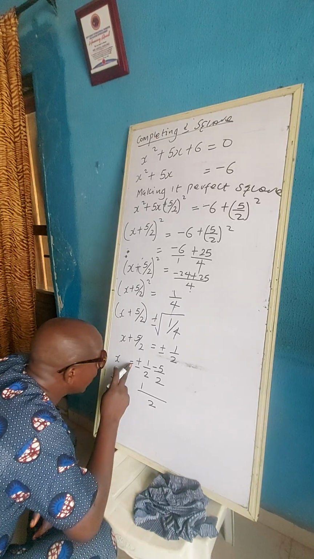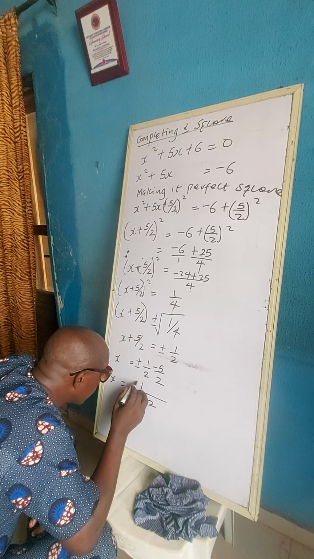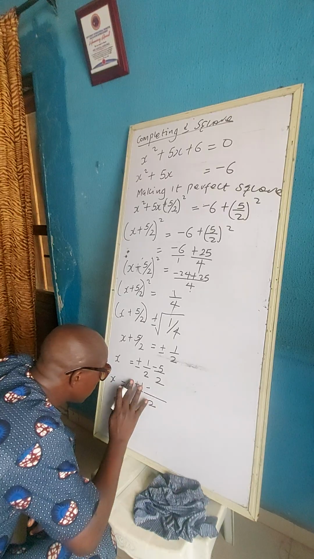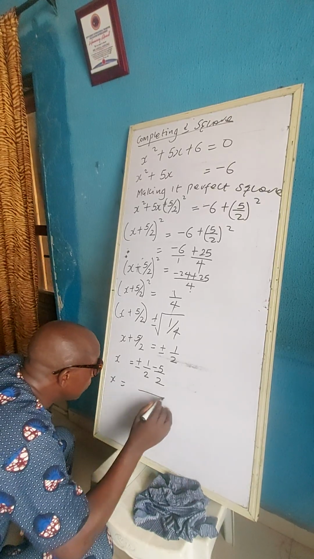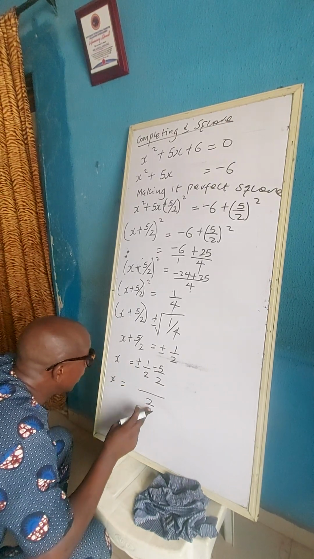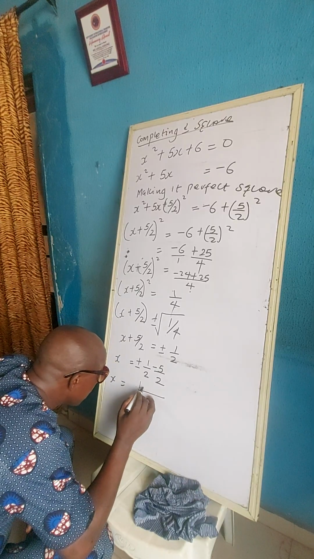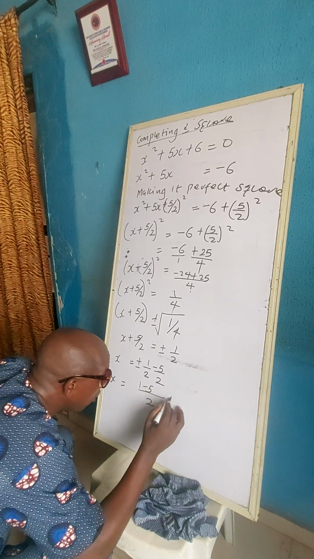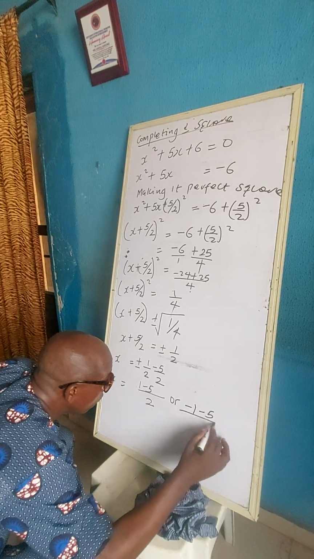We have plus 1. Let me simplify it very well. The LCM is 2, 2 into 1, 1 times this, it becomes 1 minus 5 over 2, or minus 1 minus 5 over 2.